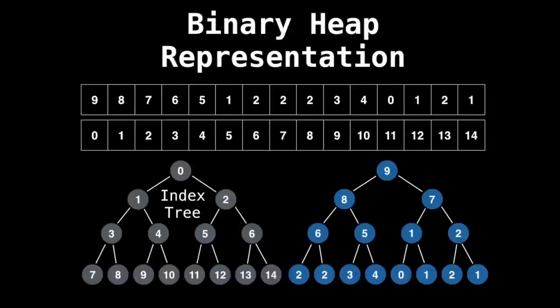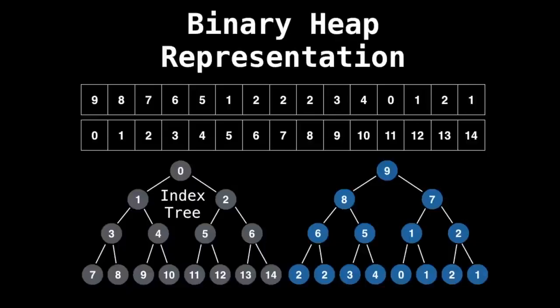One last thing before we actually get into how to add values into our binary heap is we need to understand how to represent one of these binary heaps. And there is a canonical way of doing this, which is to use an array, actually. Using an array is very convenient because when we're maintaining this complete tree property, the insertion position is just the last position in our array.